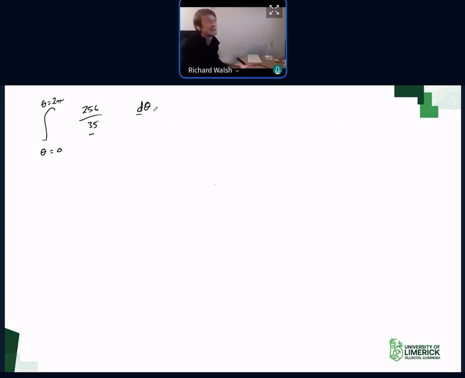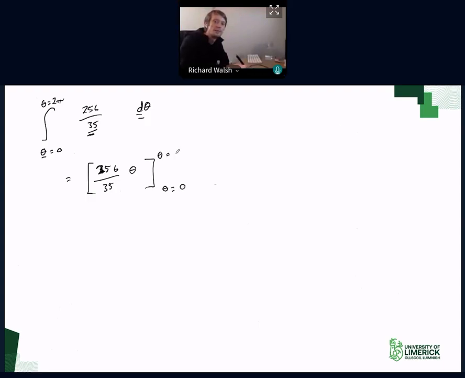Integrate a constant with respect to x, like 3, you get 3x. Integrate this with respect to theta, I'll get that times theta. 256 over 35 times theta. And I have limits for theta of 0 and 2 pi.